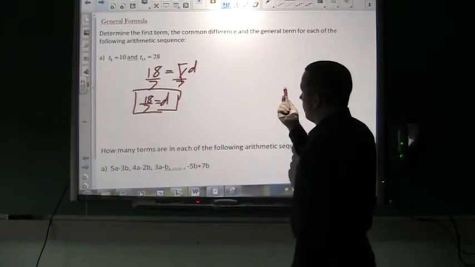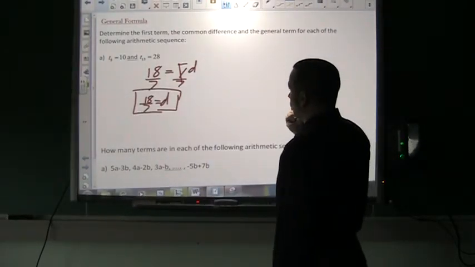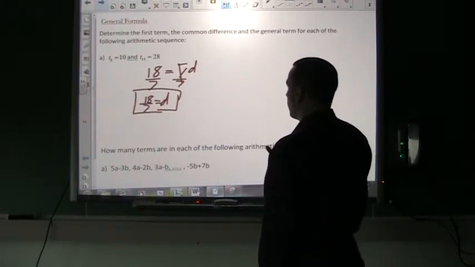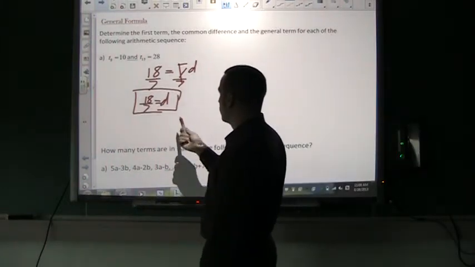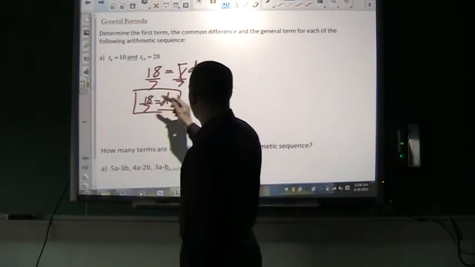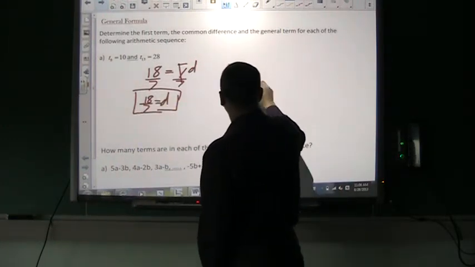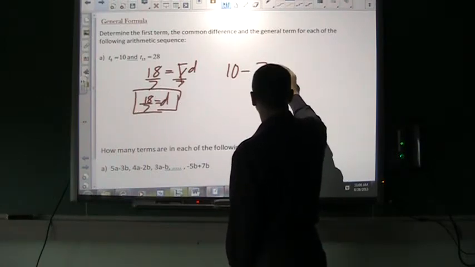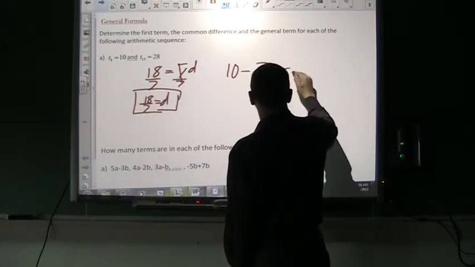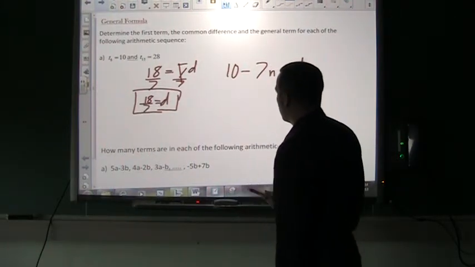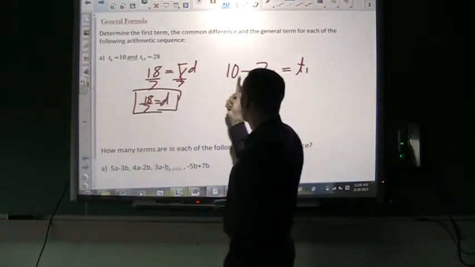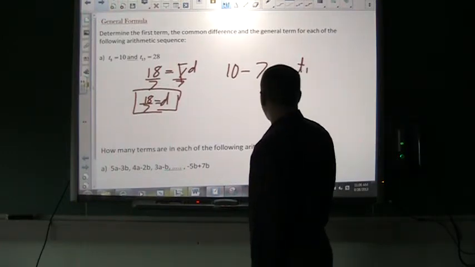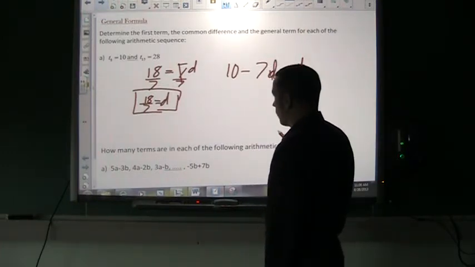So now it wants the first term. There are ways you can do that, but the easiest way is to just go backwards 7 times. So go 10, subtract 7 of these values of d. So 7d will give me T1, right? Because if this is my 8th term, if I go backwards 7 terms, there's 7 values of d, then I would get my first term.